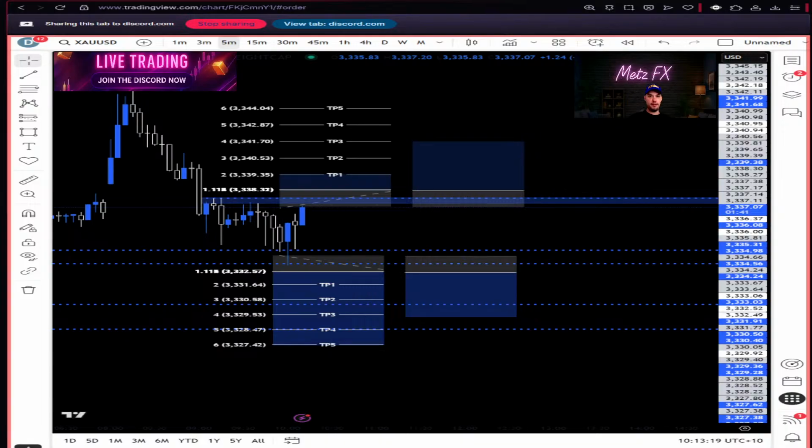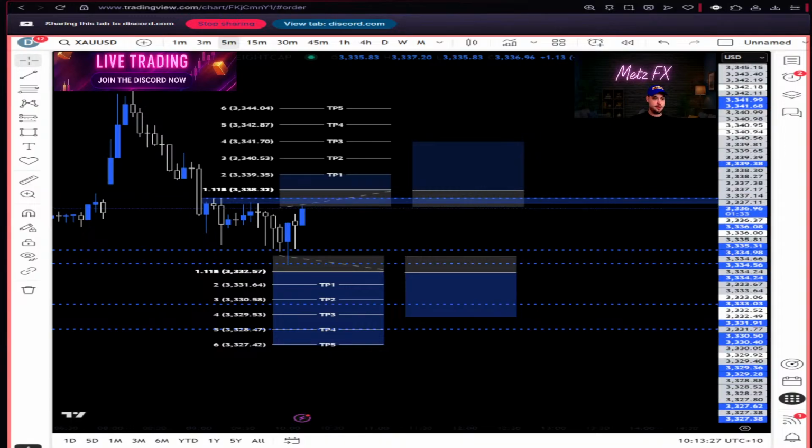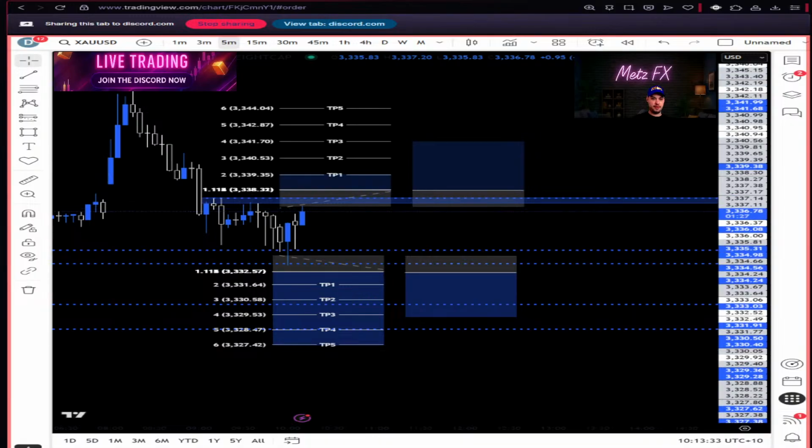Let me look at this other chart. What did the UK 100 do yesterday? Oh man, this thing is pumping this morning. I wonder what the spreads are on the UK 100 at this time.